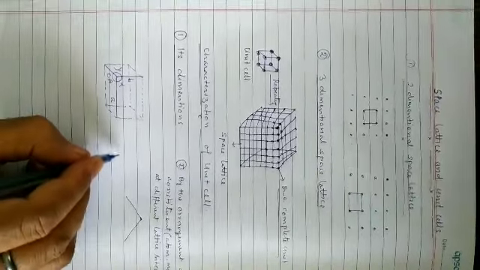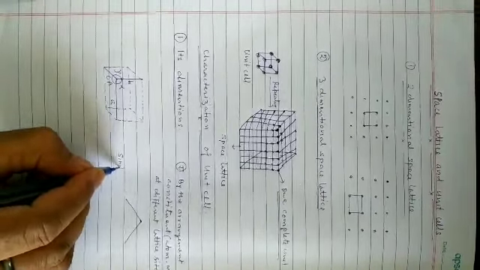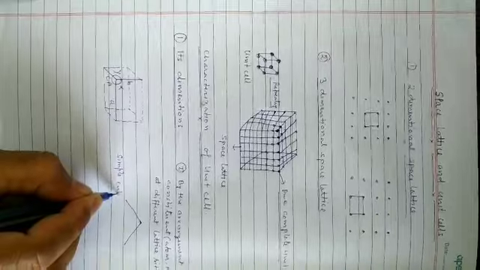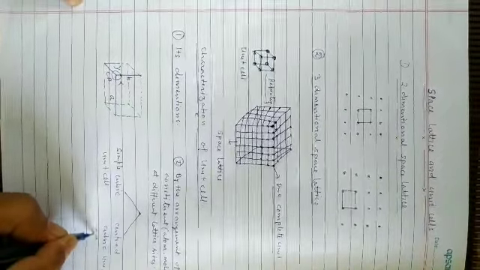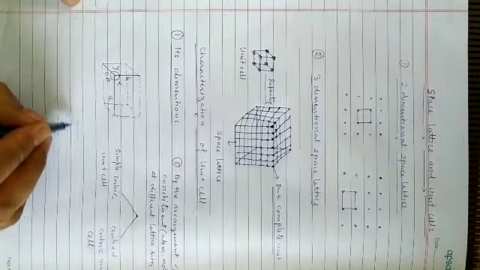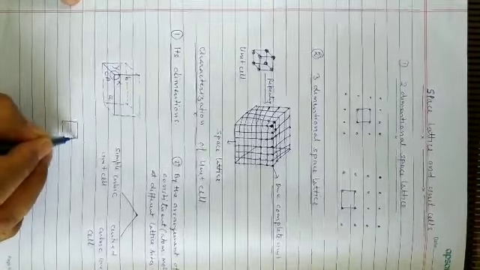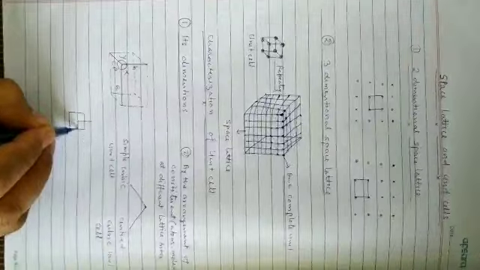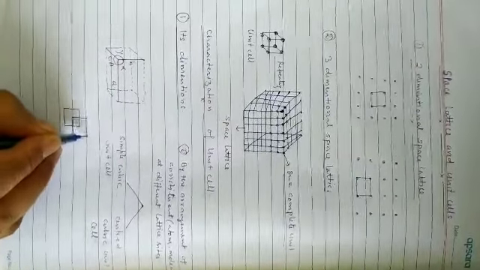So based on this, there will be two types of unit cells. One is simple cubic unit cell and another is centered cubic unit cell. In simple cubic unit cell, the points are present only on the corners.